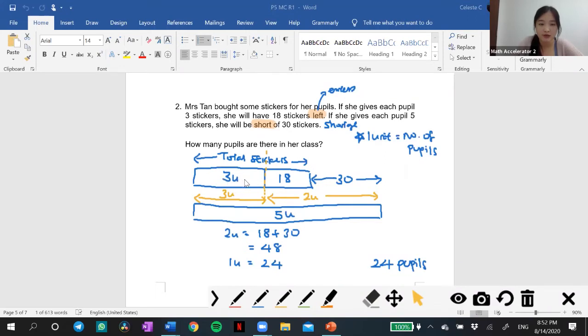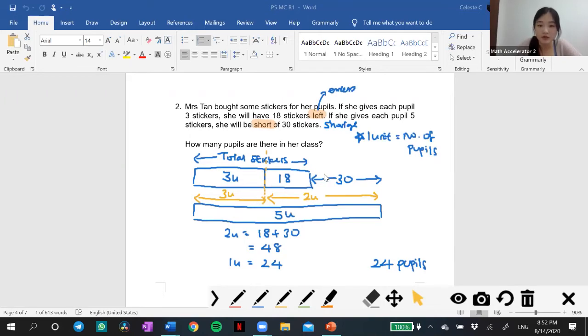So 3 times 24 will be the total number of stickers that she gives to the pupils. And then she'll be left with 18. So you add whatever she gave to the pupils to what is left, and that will give you the total number of stickers. So that's why 1 unit will be the number of pupils. Same thing here. 5 times the number of pupils, because if she gives each of the pupils 5 stickers, so 5 times the number of pupils will give you the number of stickers.